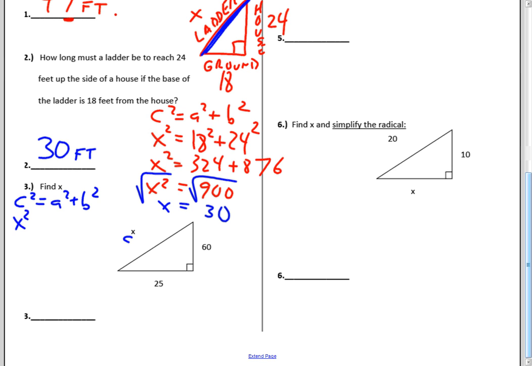So x squared, 60 and 25 go here and here. That is 625, 3600. Some people made mistakes just with addition and subtraction. Brian, on this one, aren't both of these numbers on the same side of the equal sign?